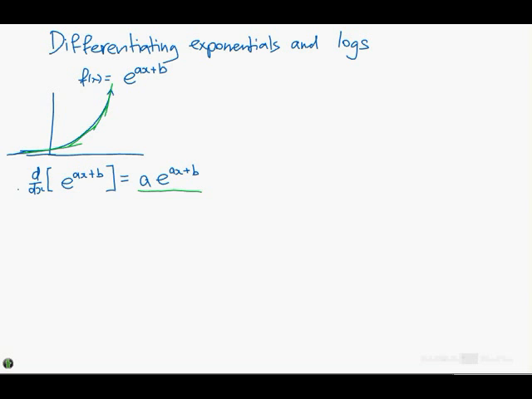The second function we want to look at is the log function. So let me draw that too. It's going to look like this. The log function does this. So this is f of x is log to the base e of ax plus b.